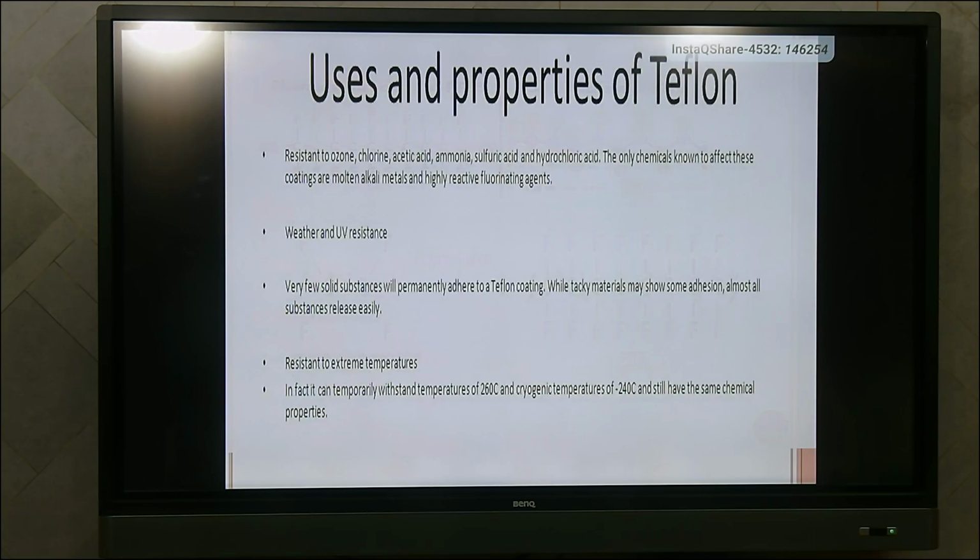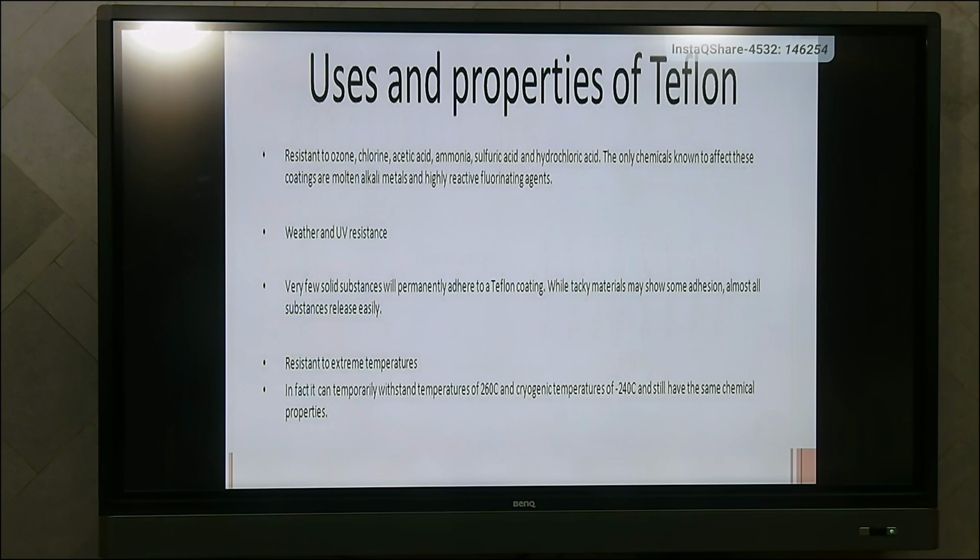Uses and properties of Teflon is that though they can be bent, though they can be malleable, they are resistant to few of the chemicals. That is, they seem to be unaffected by ozone, chlorine, acetic acid, fluoric acid, hydrochloric acid, etc. And they find good application in the case of the mechanical industries.